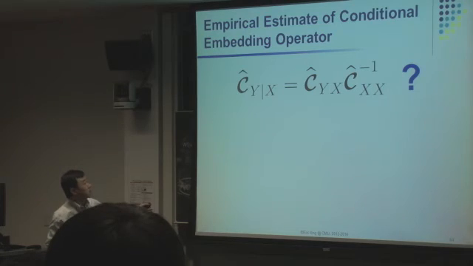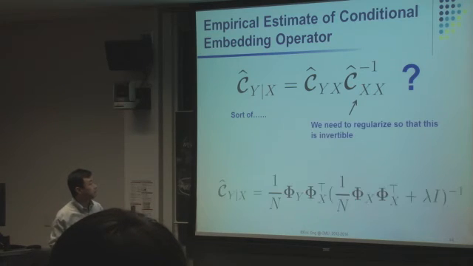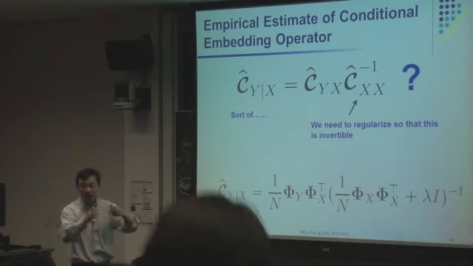All right, so now we ask when these conditional operators or the joint embeddings actually work to perform the inference problem. By definition, the conditional operator is defined by the product of two operators: the joint embedding operator and the inverse of the autocovariance operator.